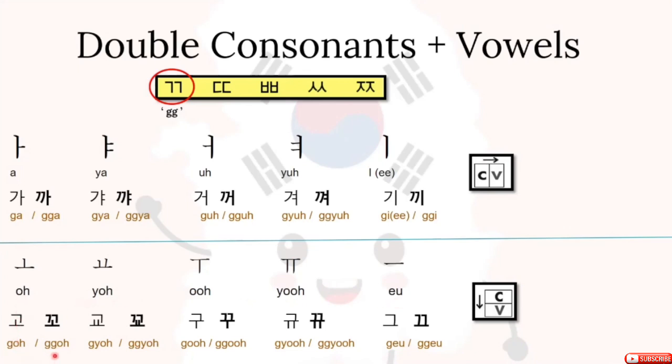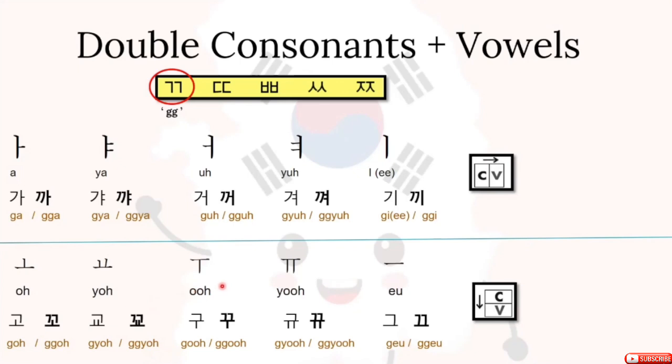Now double consonant, 그 and O becomes go. And the single consonant, 기역, and the yo becomes gyo. And with the double consonant it becomes gyo.